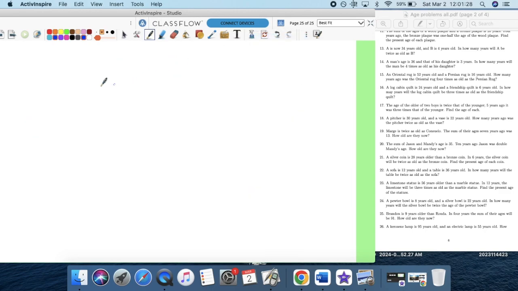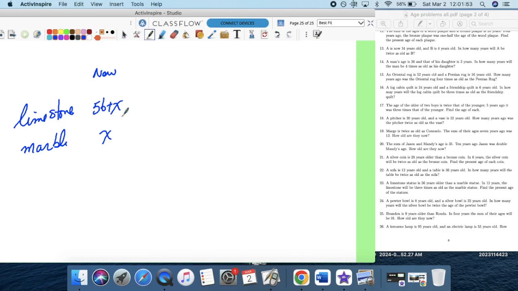23, limestone statue is 56 years older than the marble statue. So the marble is x, limestone is 56 plus x. In 12 years, so this is now, the question is saying that in 12 years, the limestone will be 3 times as old as the marble statue.